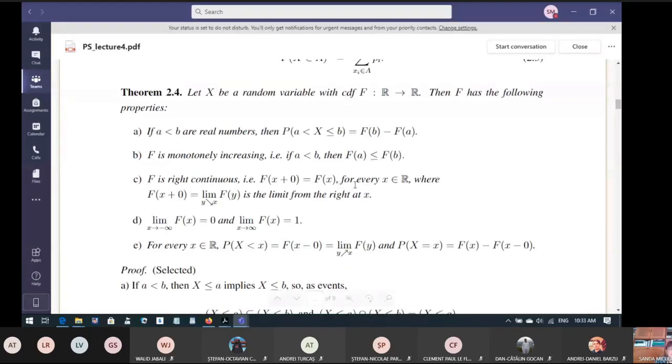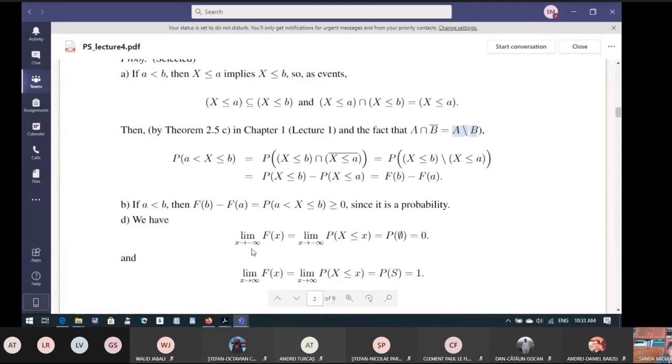This is too technical with the limits. Let's look at the end behavior. Limit at minus infinity, straight from the definition, right? Probability that X is less than or equal to little x. When this approaches minus infinity, this becomes impossible, right? For X to take values less than or equal to minus infinity, that is the impossible event, probability 0.